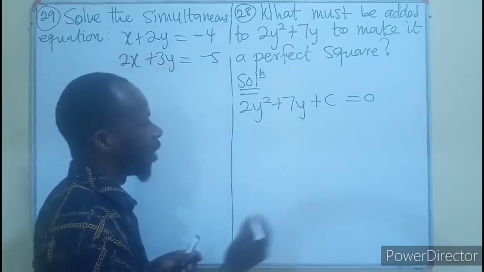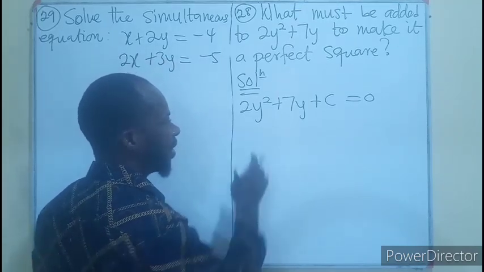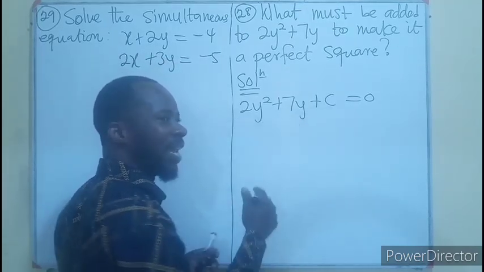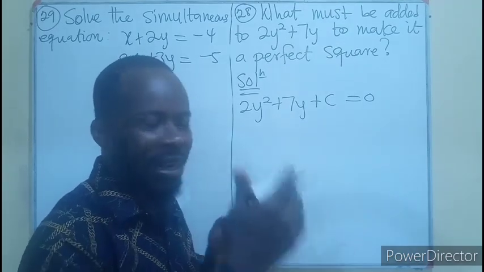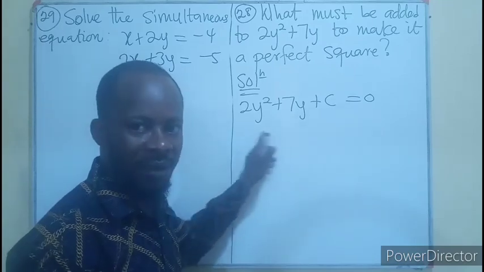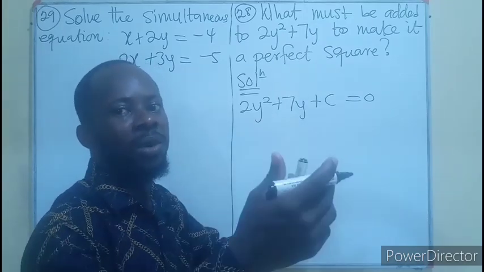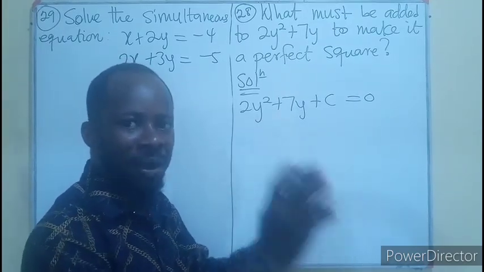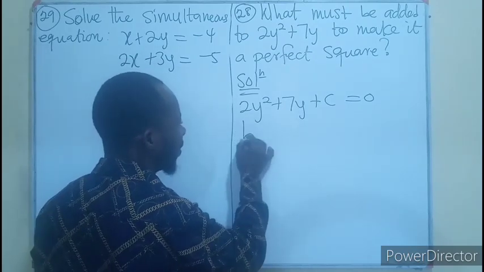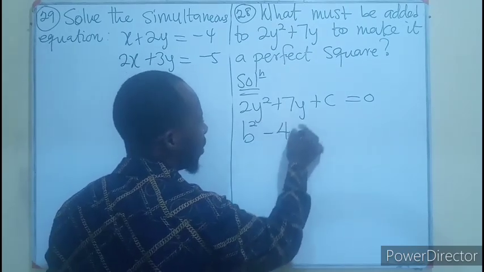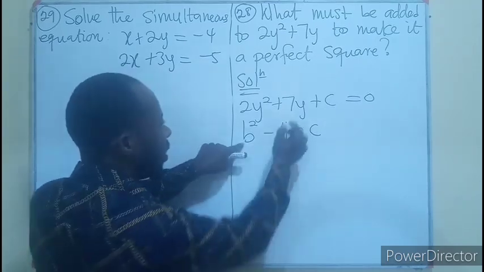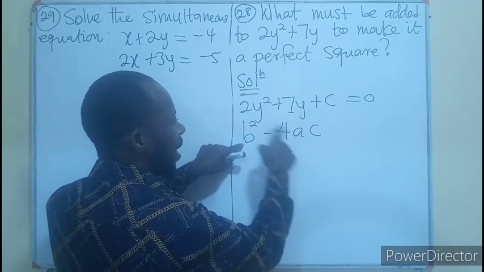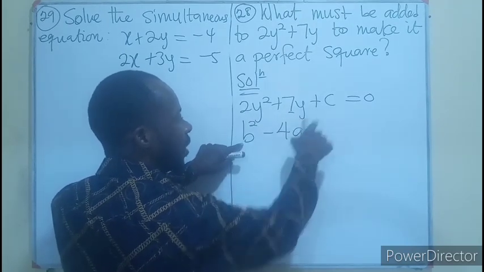To make it a perfect trinomial, the discriminant should be 0. If you find the discriminant of this equation, it should be 0, which means it is a perfect square. The discriminant is b squared minus 4ac, where b is 7, a is 2, and c is the same c.